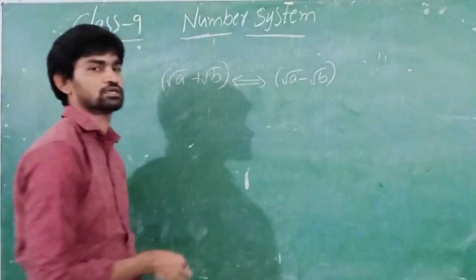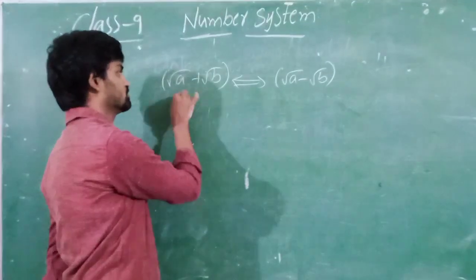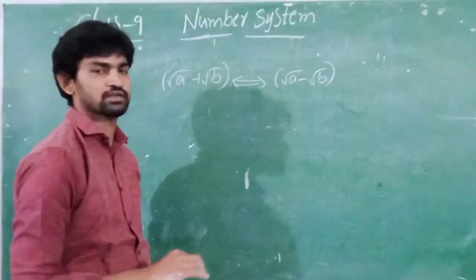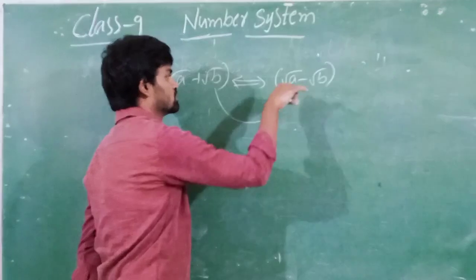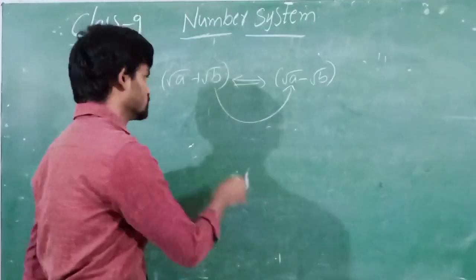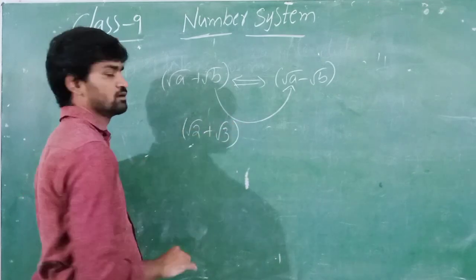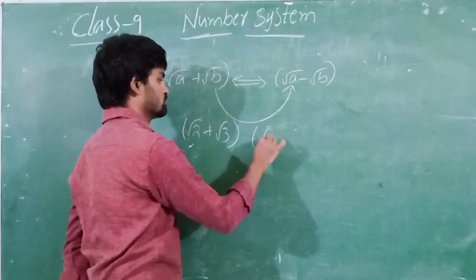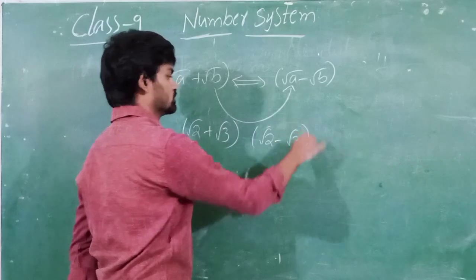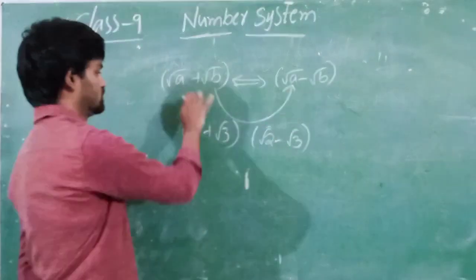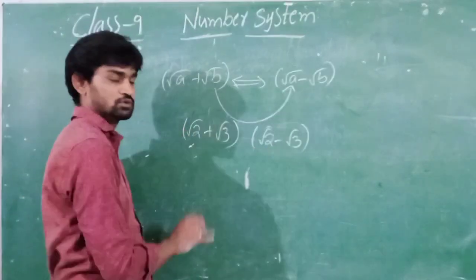This is very important. Let us check. Root 2 plus root 3 I will take, and I will multiply with root 2 minus root 3. See, I have taken root a plus root b, and root a minus root b.